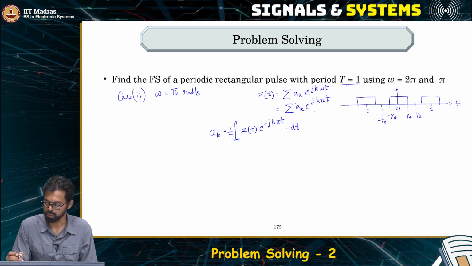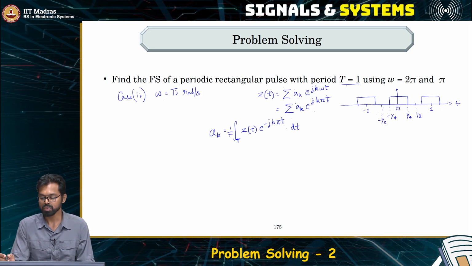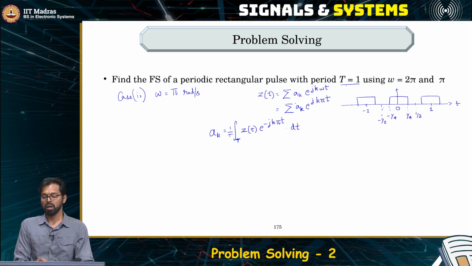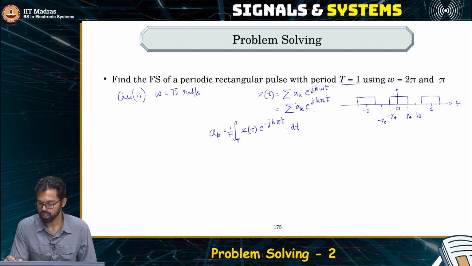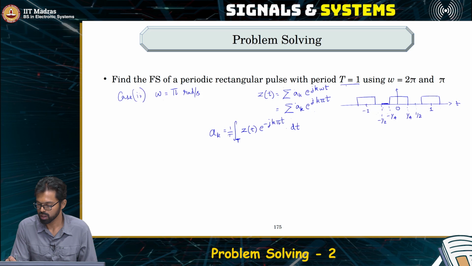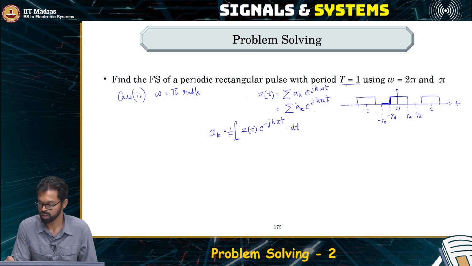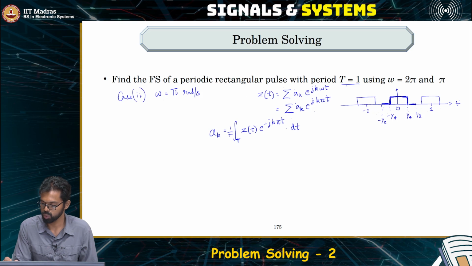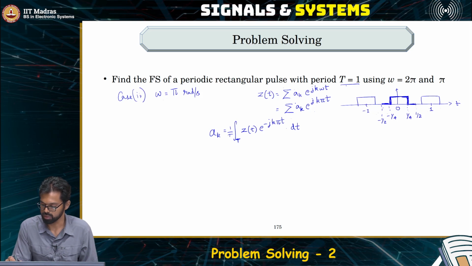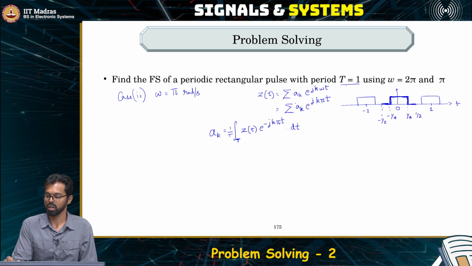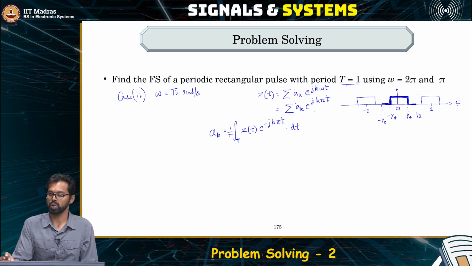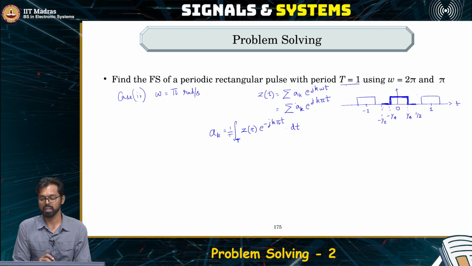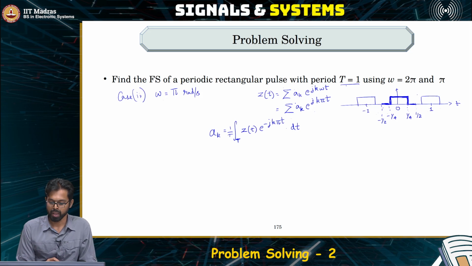This is minus 1 by 2. So the entire signal repeats exactly after 1 second. So this is one cycle of this periodic signal. Okay, so you can just copy paste this one cycle indefinitely, and then you'll get the entire periodic signal.